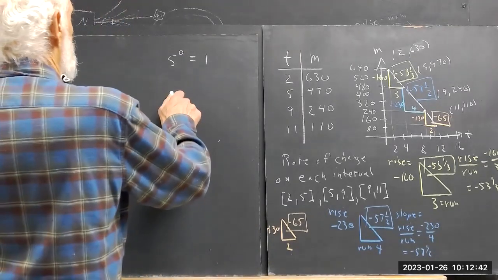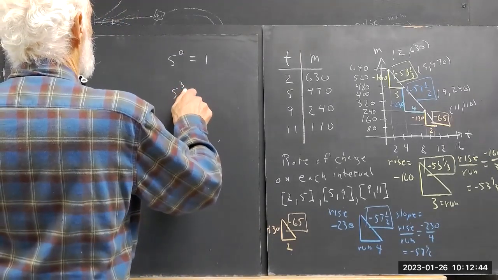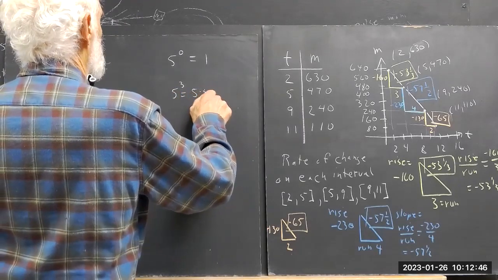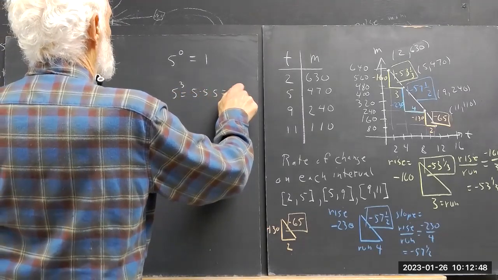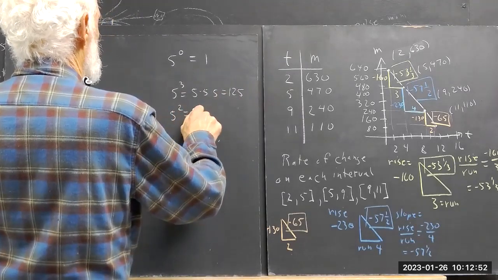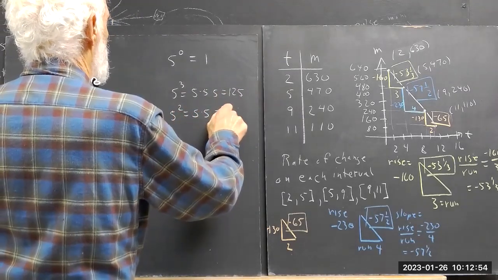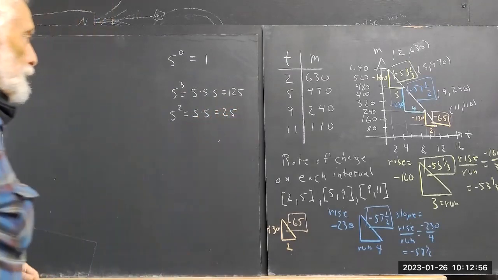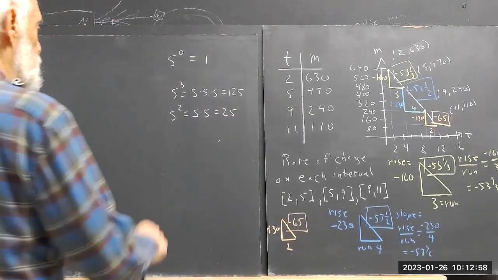Okay, what's 5 to the 3rd? Well, that's 5 times 5 times 5, which is 125. What's 5 to the 2nd? That's 25, right? And what's 5 to the 1st?